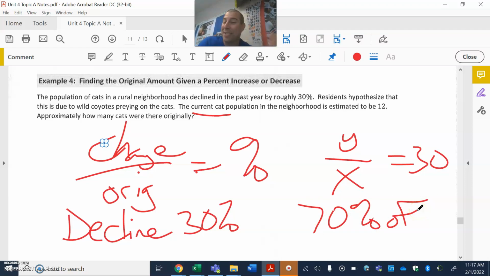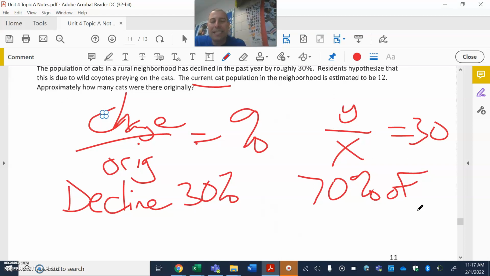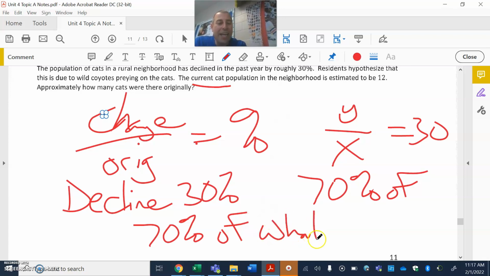Because what's percent always out of? 100. So if something declines by 30, the result is you actually have 70% of it. So what we're asking here is 70% of what number will result in 12.